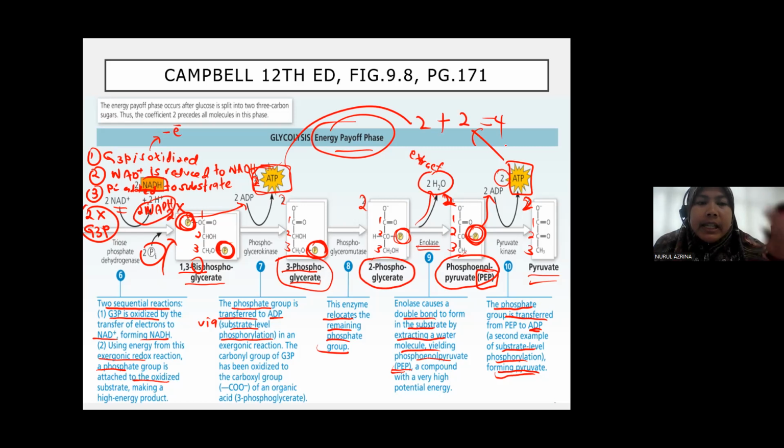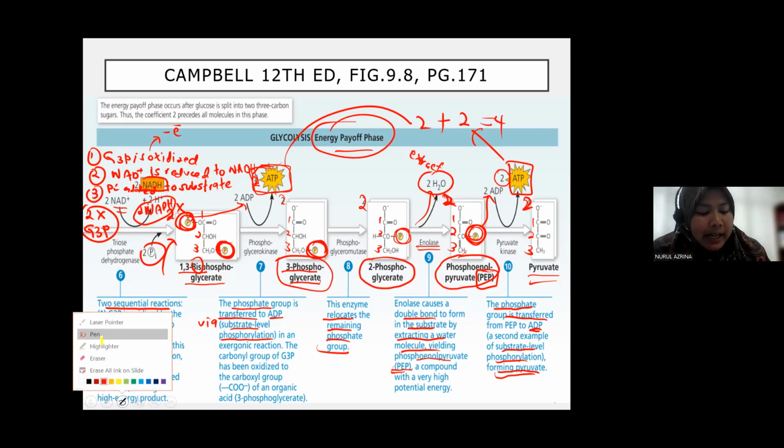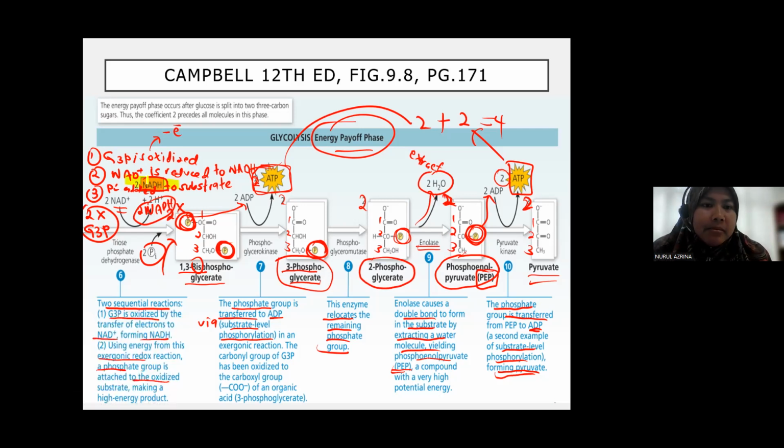Madam, kena hafal ke setiap step of glycolysis? Yes, kena hafal. Kena ingat kat mana tadi ATP digunakan. And in this energy payoff, you have to remember where the ATP is formed. Kena ingat ATP form kat mana and NADH form kat mana. NADH forms here, berlaku kat sini. Proses dia daripada mana?